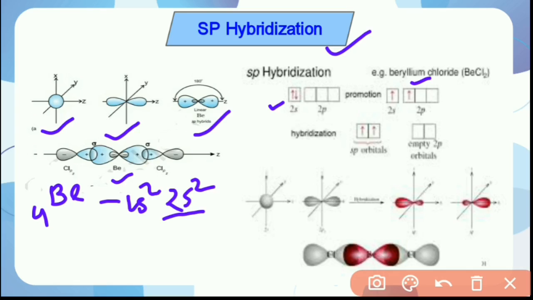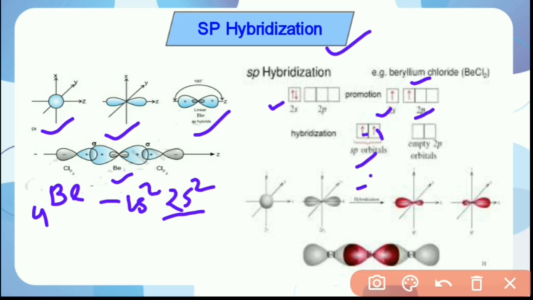So one s and one p orbital hybridize and make two half filled sp hybrid orbitals, and in these half filled orbitals other atoms like chlorine can form bonds and make a molecule.